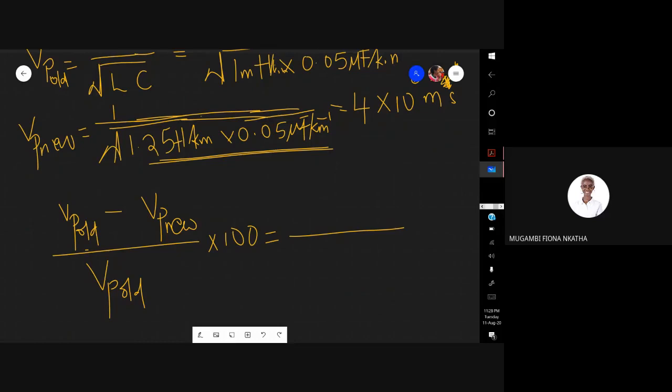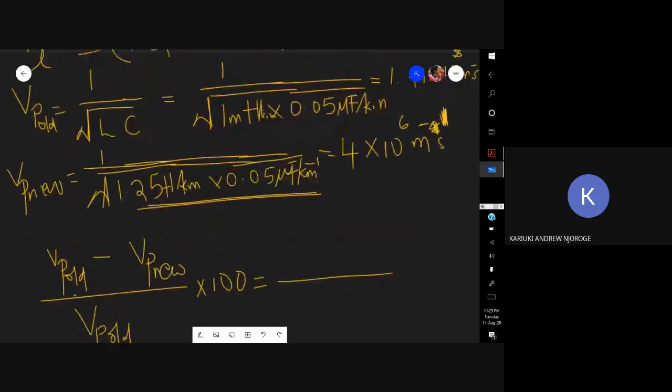VP new minus VP old. But VP old is larger. Yes, VP old is larger, but Fiona already explained that inductor loading leads to decreasing phase velocity of the wave.